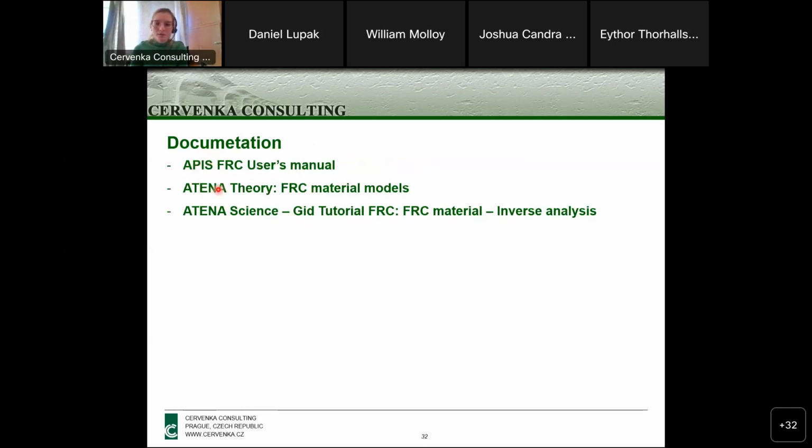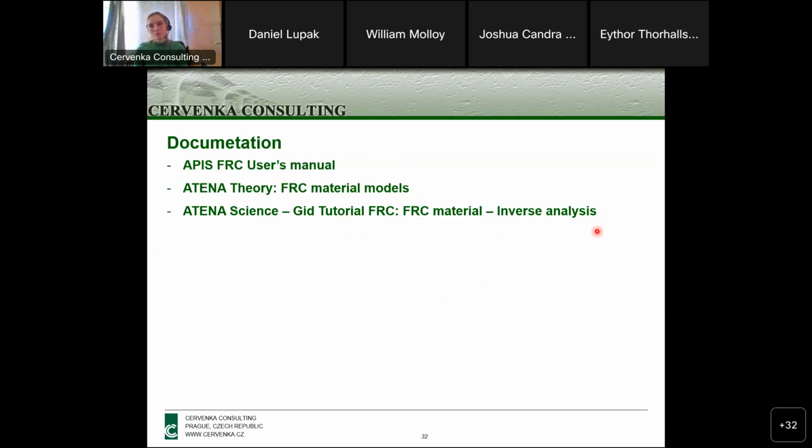Then there is the ATENA theory that describes the FRC material models in general. And then there is also a very good manual for FRC material. It's a tutorial with FRC material, and it goes through the inverse analysis step by step.